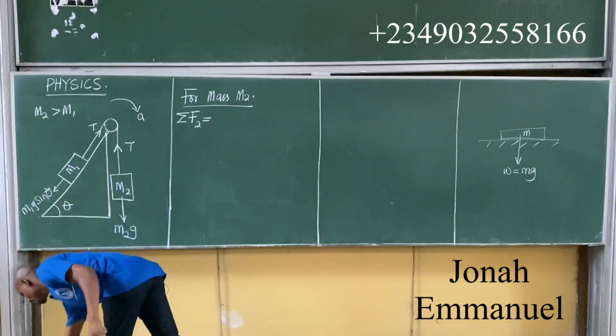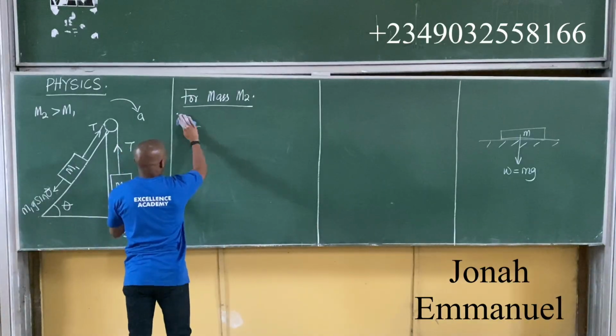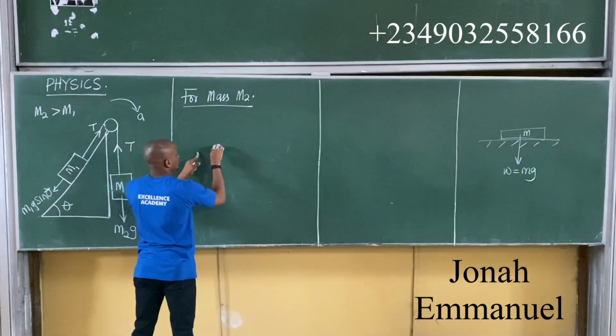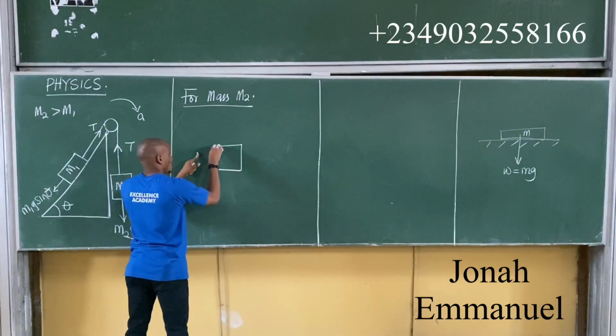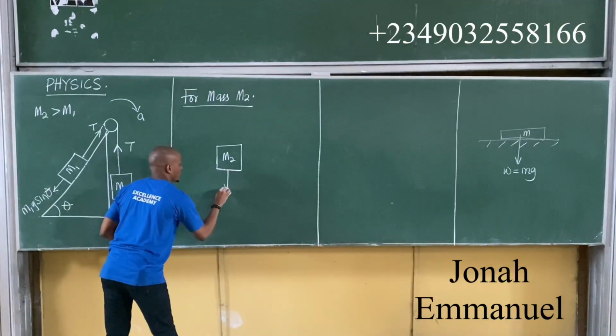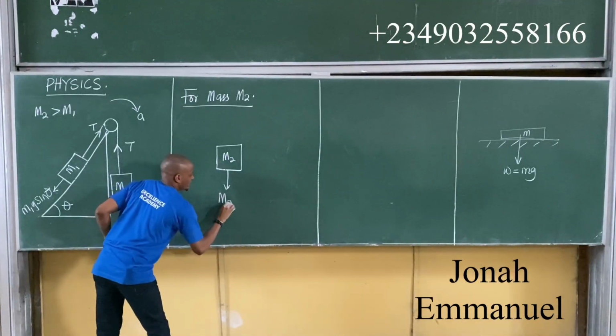For mass M2, let's check this out. We call this M2. We said it's coming down here. This is M2g.